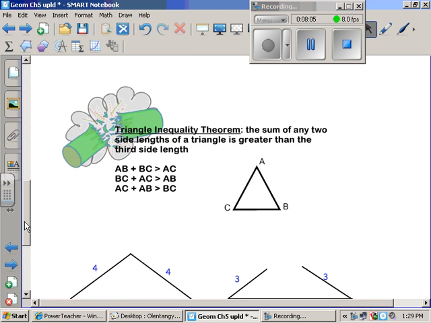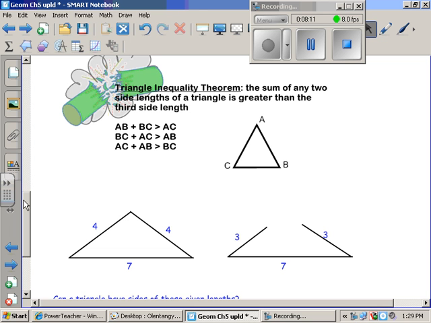Okay, the triangle inequality theorem is actually one we use a ton, and in math club this comes up all the time. For a triangle to exist, the sum of any two of the sides must be larger than the third side. We talked about this a little bit the very first day.